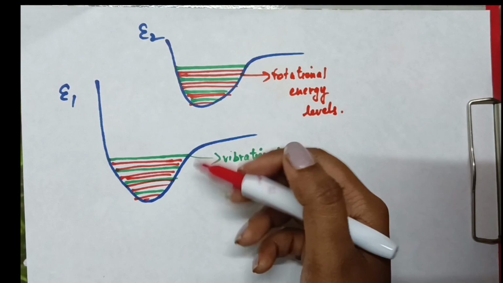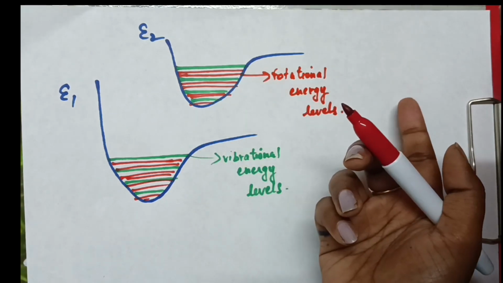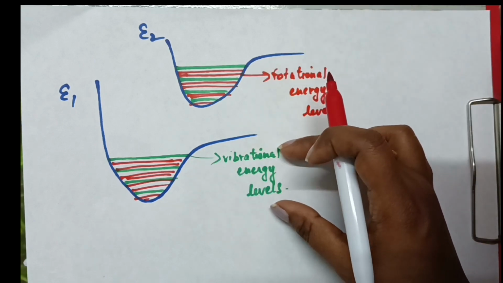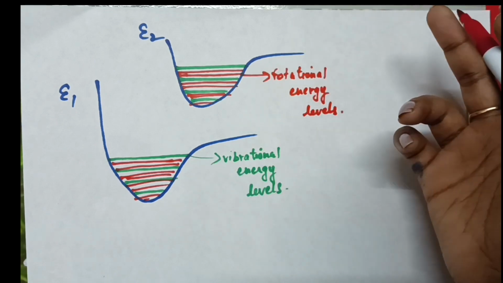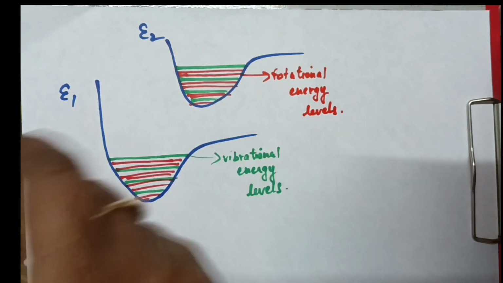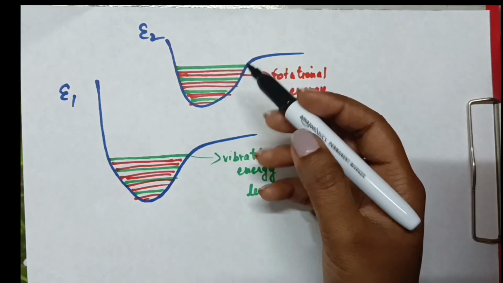Right, these are the two energy levels in between which electronic transitions are about to happen, and in between these two energy levels we are having the vibrational energy levels, and in between each of these vibrational energy levels we are also having the rotational energy levels. So if we are talking about a transition from this to this, there will not be one single transition.